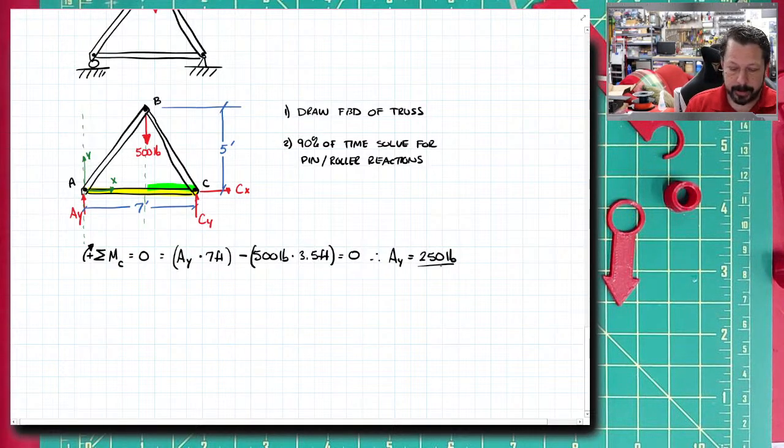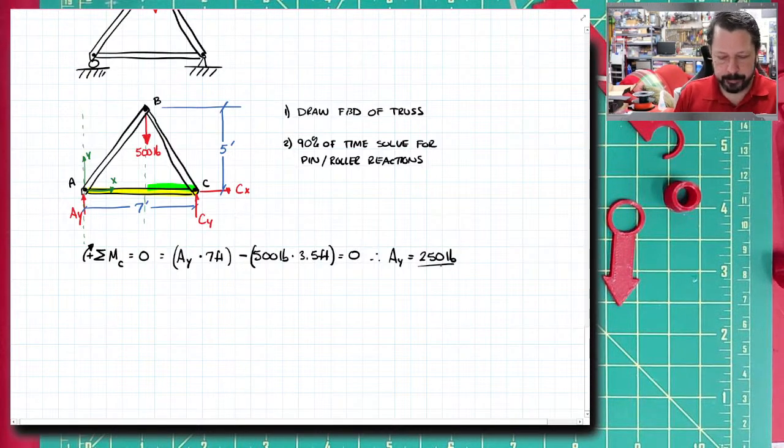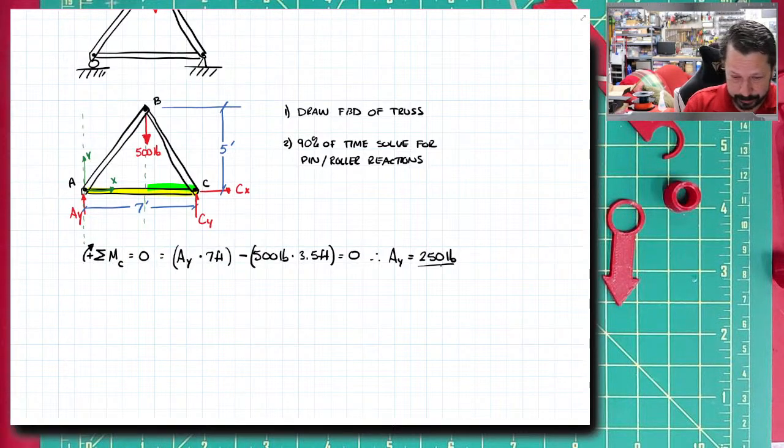Now, as soon as we saw that the truss was symmetric and the loading and supports were symmetric, we could have known that AY and CY are just half of the 500 pounds. So it is okay to do things by observation. I'm just not doing it yet, because I don't want to skip too many steps. And it is nice to be able to show that it works even when you do the math.